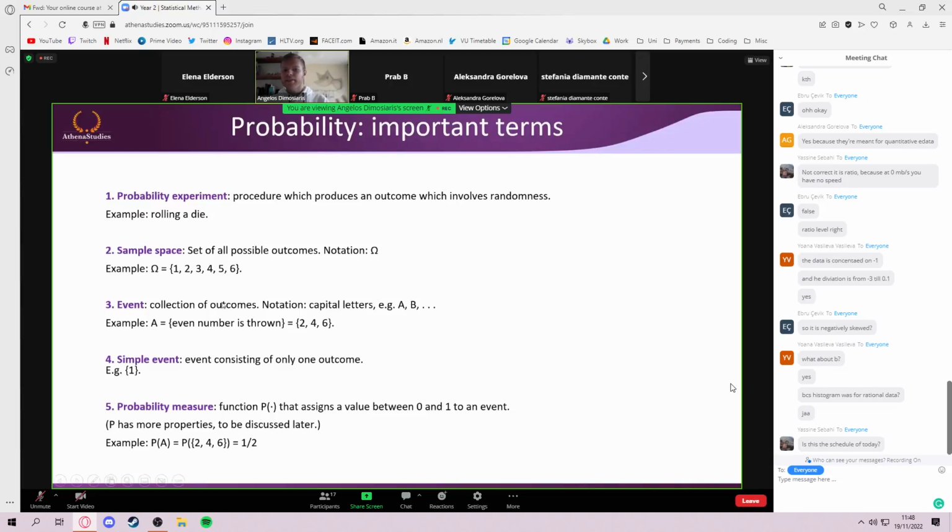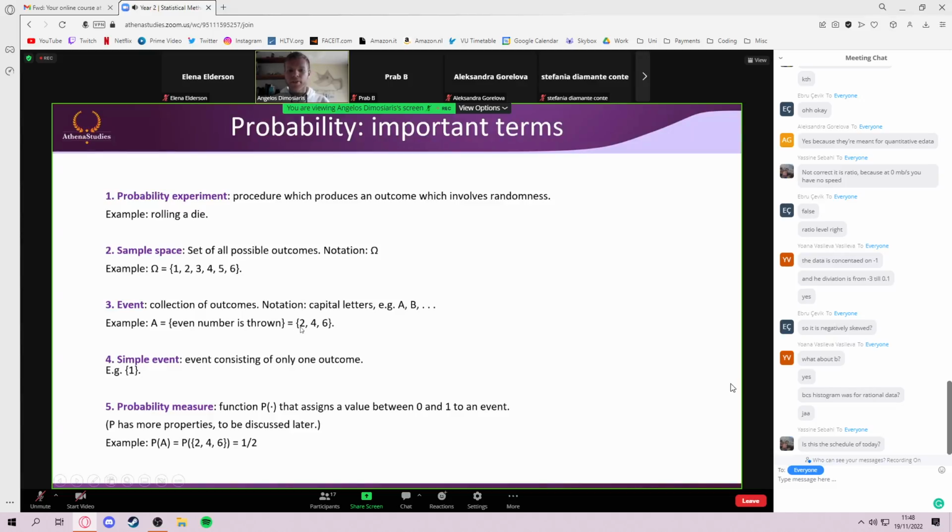Now I can divide the sample space into many different events. An event is a collection of outcomes, and we usually use capital letters to symbolize it: A, B, C, or whatever. Here, an event A would be to throw an even number.